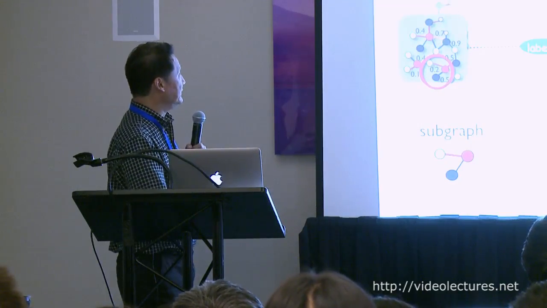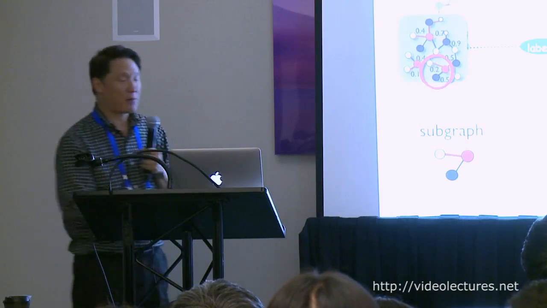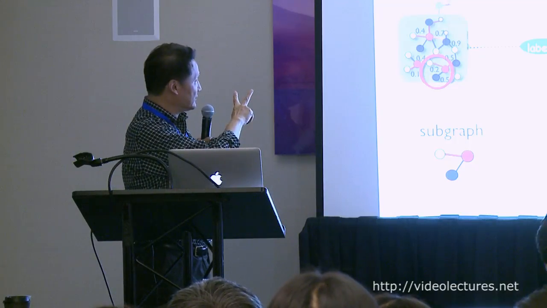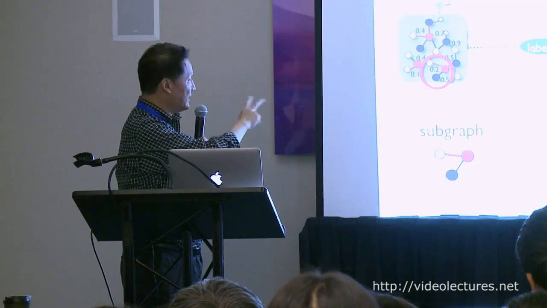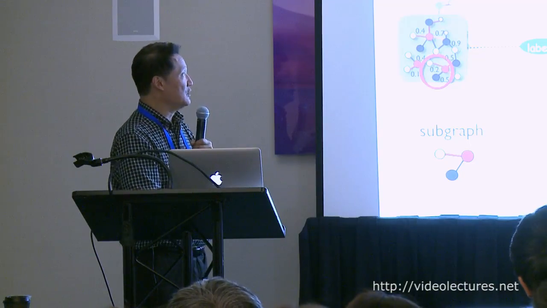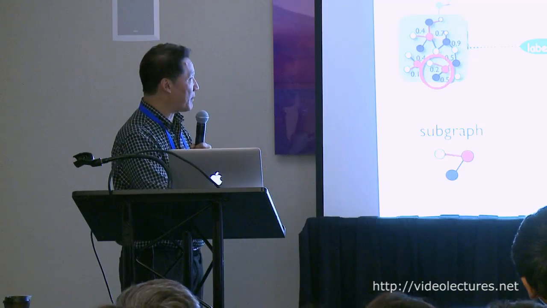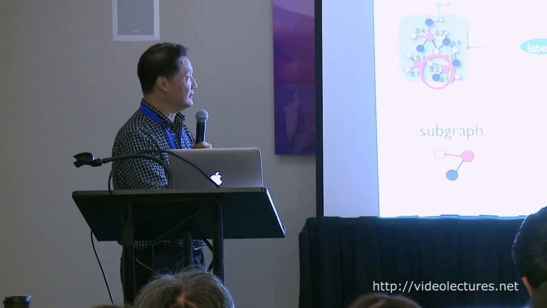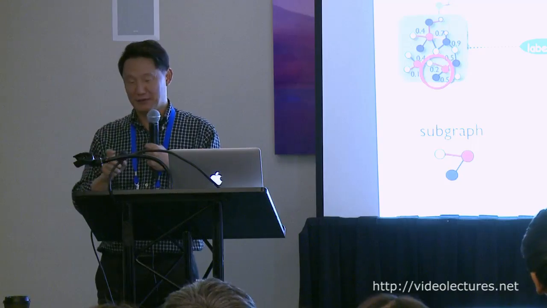But in uncertain graphs, because everything is probability, the number of positive labeled graphs containing this subgraph is a probability distribution. So in a sense the utility function also becomes a probability distribution, okay? And that certainly is less desirable because we only want one single number, right?